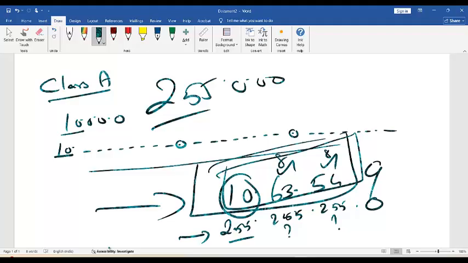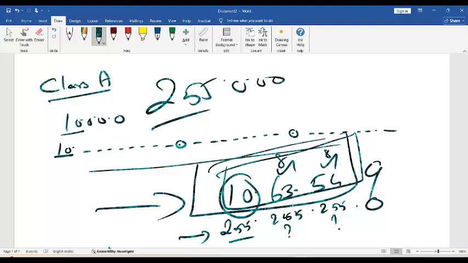All right, so how do we do subnetting? What will be your answer? How do we do subnetting? By borrowing some host bits to be considered as network bits.